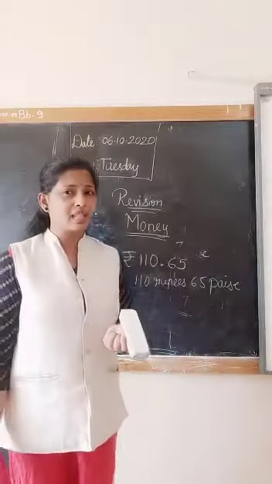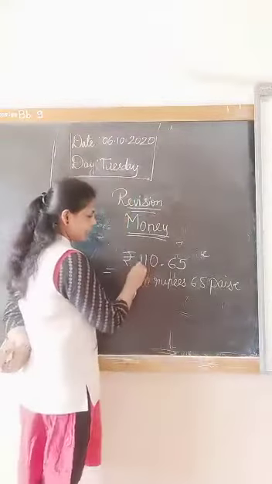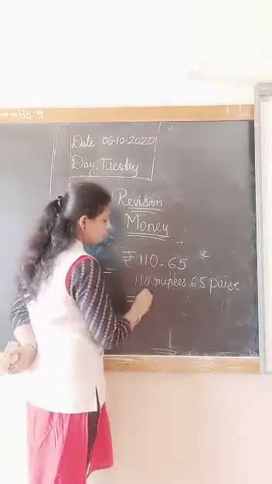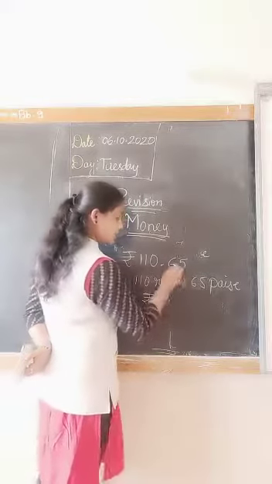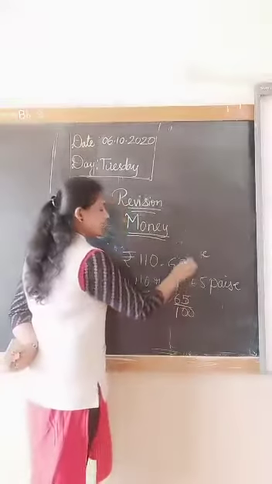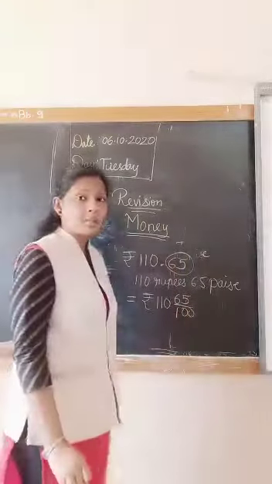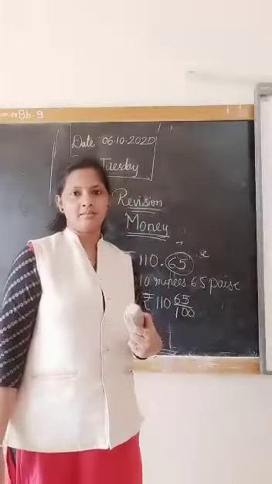Now I said some mixed number, how to write? Again it is simple. For example, if it is the same number, how do you write it as a mixed number? 110 is the same, and 65 you have to write as 65 by 100, because 65 paise out of 100 paise, since 1 rupee is equal to 100 paise. Okay?